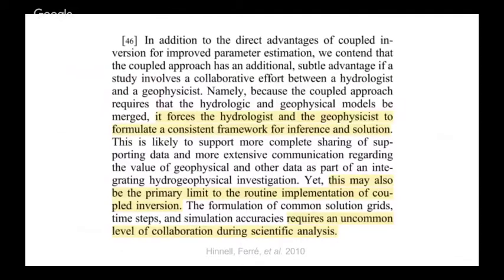One of the papers that I read early on was talking about these problems, and they showed that the coupling of these two methods had direct advantages, but it forced the hydrogeologist and the geophysicist to formulate a consistent framework. That had all sorts of advantages, but because of its difficulty, it's the primary limit to routine implementation of these styles of inversions.